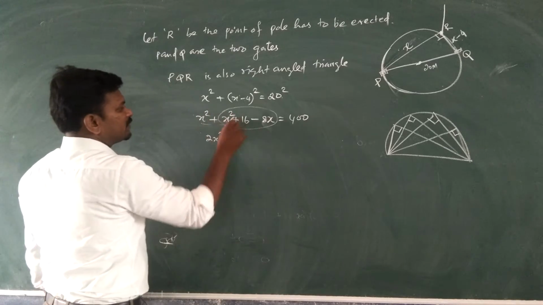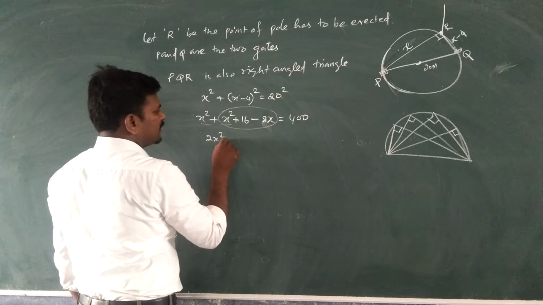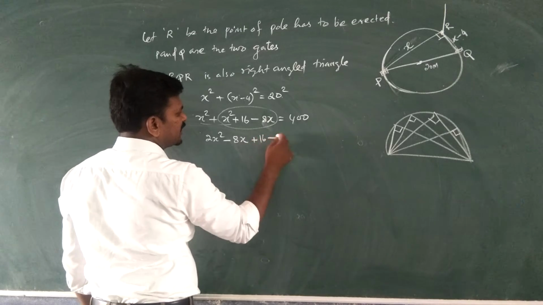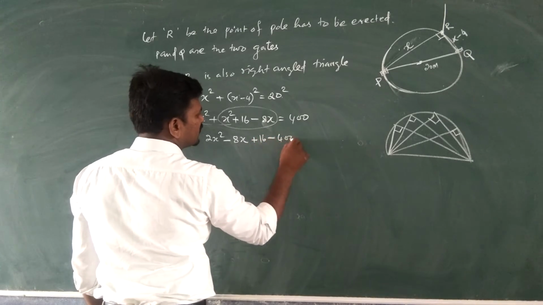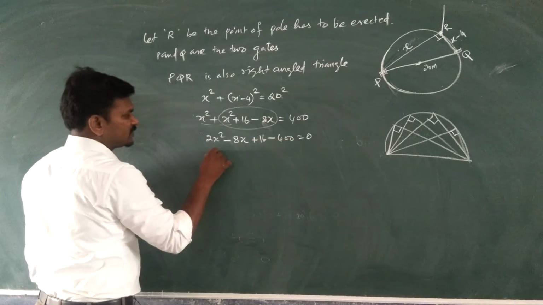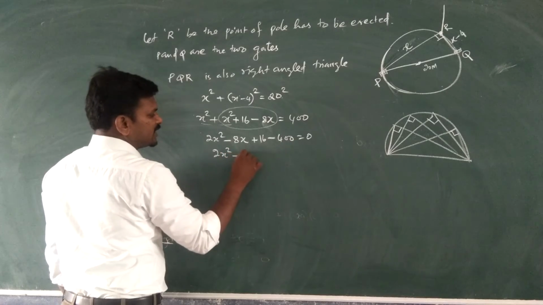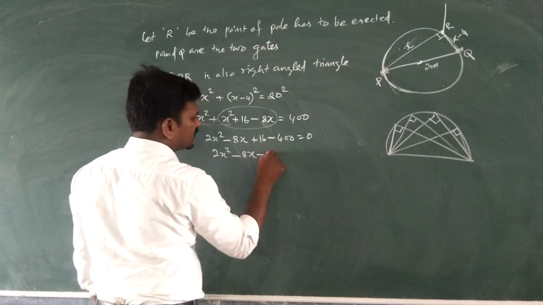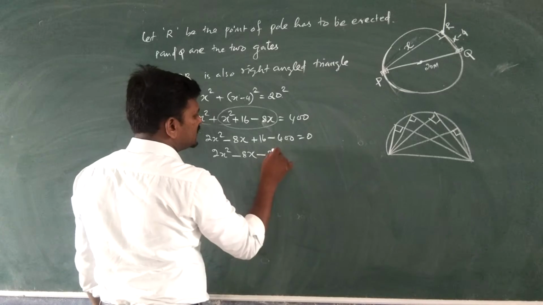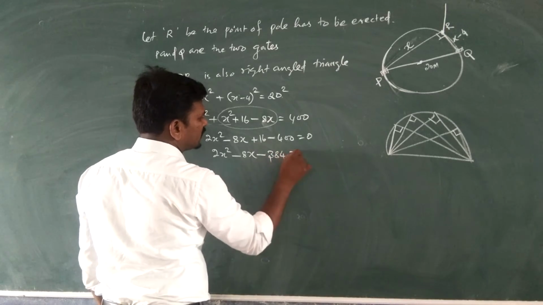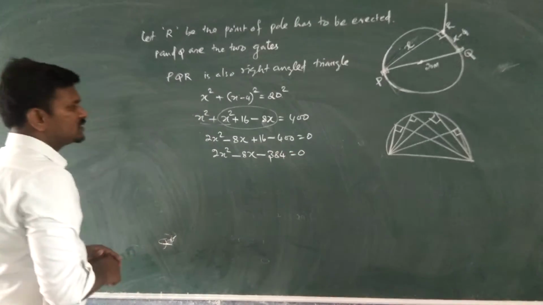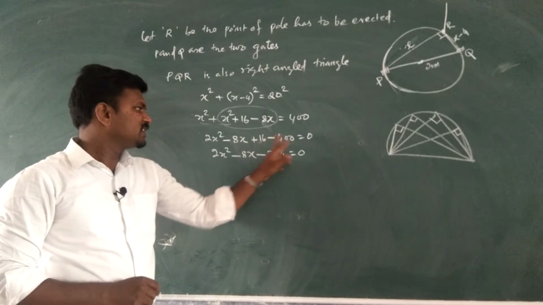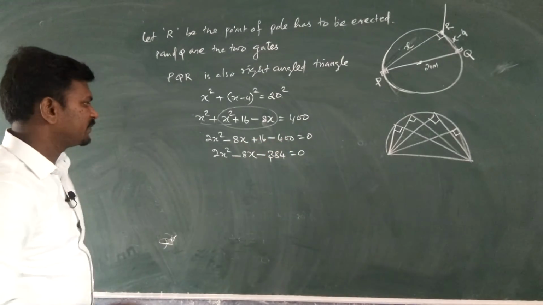So x square plus x square minus 8x plus 16 is equal to 20 square, 400. So x square plus x square is 2x square, minus 8x plus 16 minus 400 is equal to 0. That gives 2x square minus 8x minus 384 is equal to 0. Symbols are different, so we subtract and put the big number's symbol.